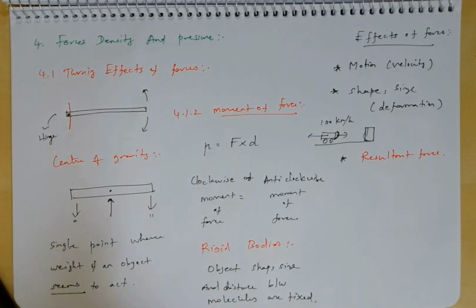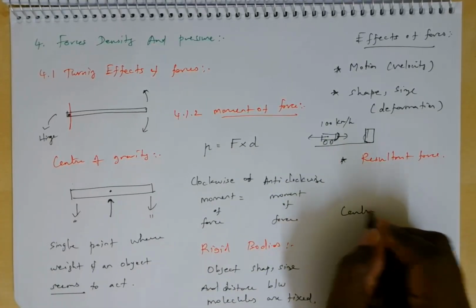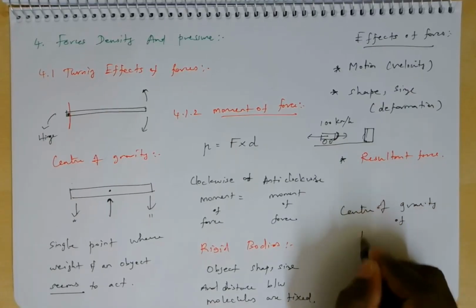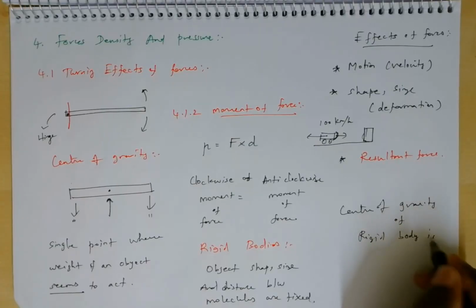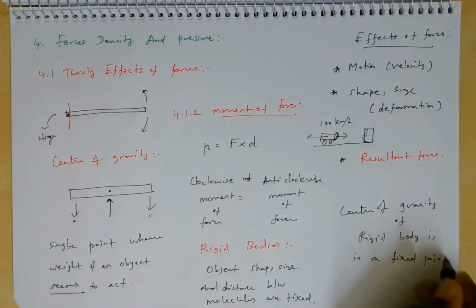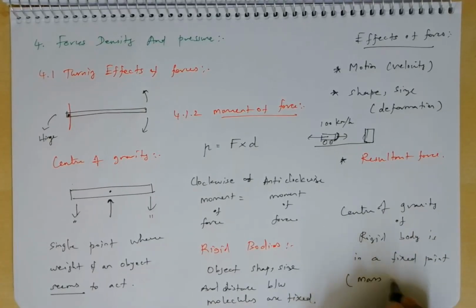Okay. So one more benefit of considering this as a rigid body: the center of gravity of rigid bodies is fixed. They don't move. It's a fixed point. So the center of gravity of a rigid body is at a fixed point. This depends on only one thing, that is mass distribution.